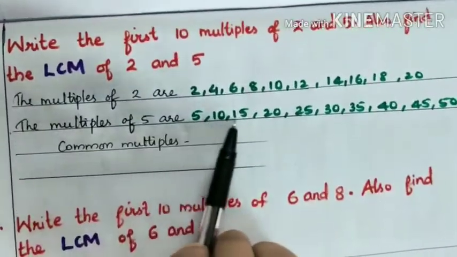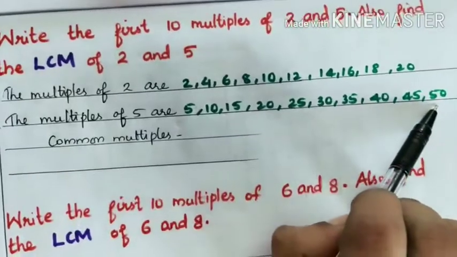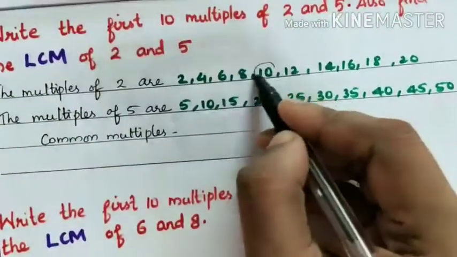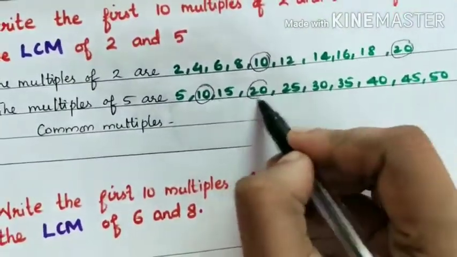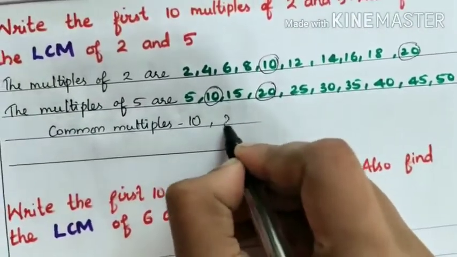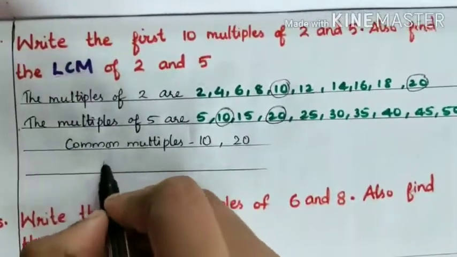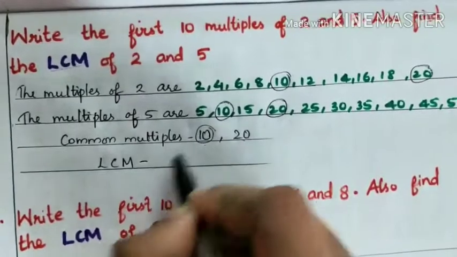The first 10 multiples of 5 are 5, 10, 15, 20, 25, 30, 35, 40, 45, 50. Now we have to find the common multiples: 10, 20. Now we can find the LCM, lowest common multiple or least common multiple, 10.